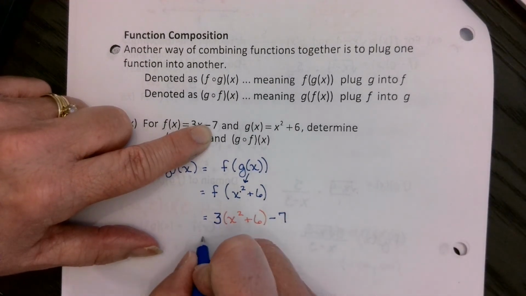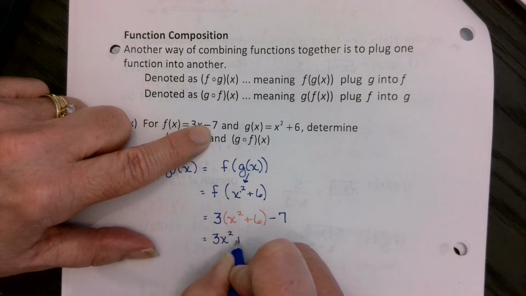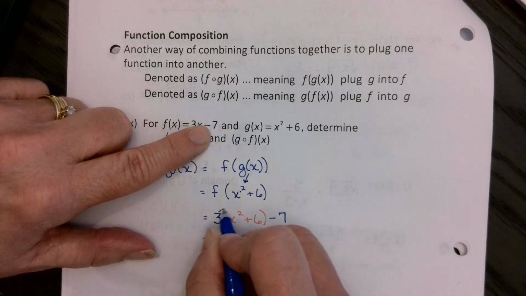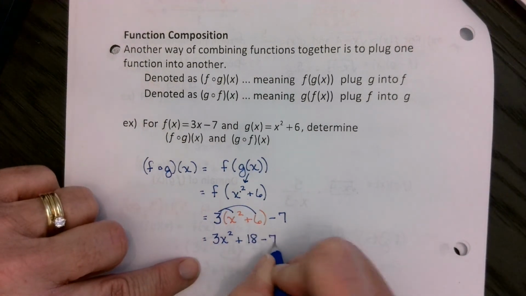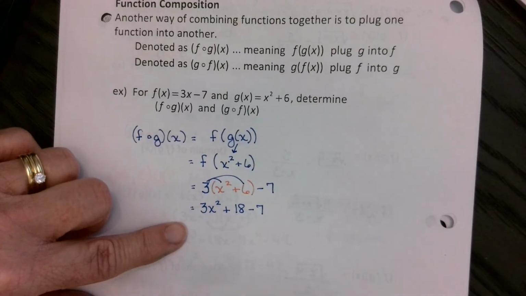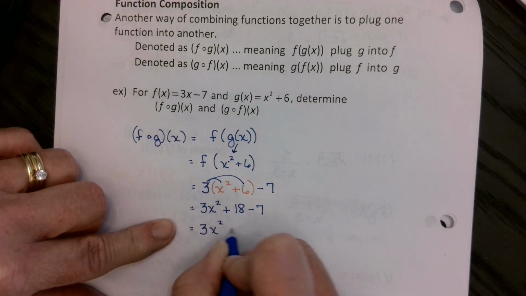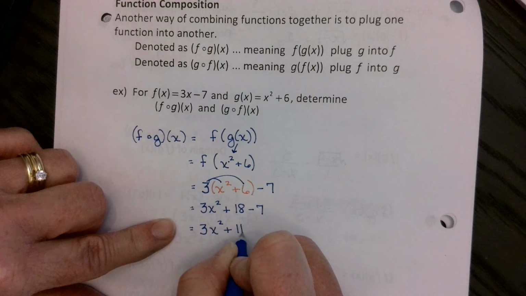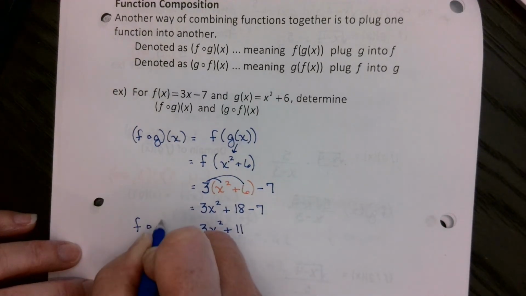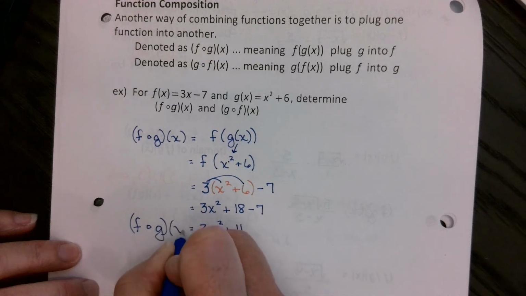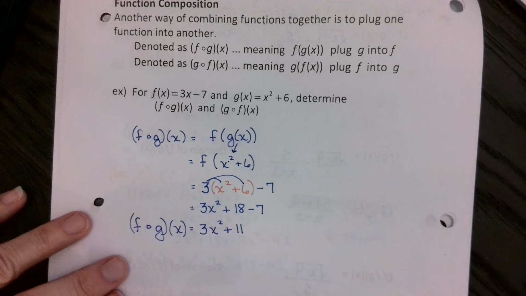So I'm going to distribute this 3. I get 3x squared plus 18, because 3 times 6 is 18, minus 7. Now I'm going to combine my 18 minus 7, so I get 3x squared plus 11. That is my new function, f of g of x. Now, that looks a lot harder than it really is.